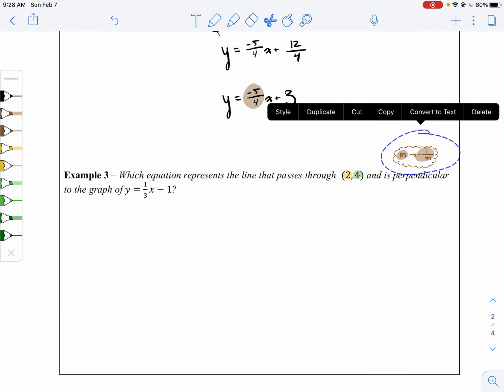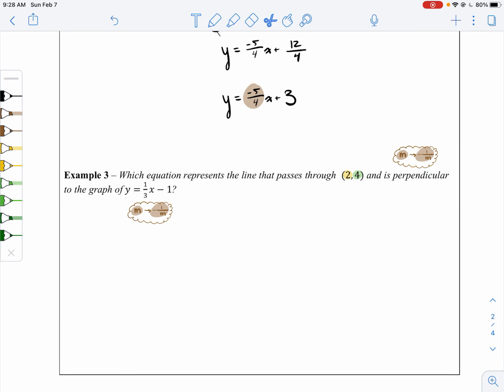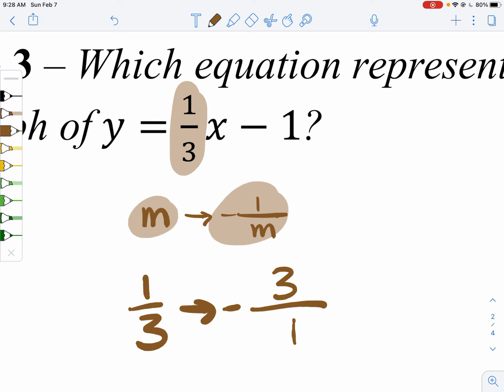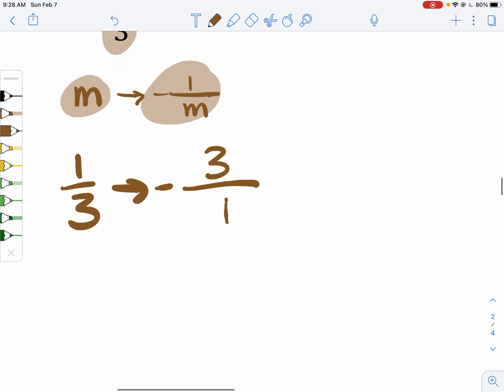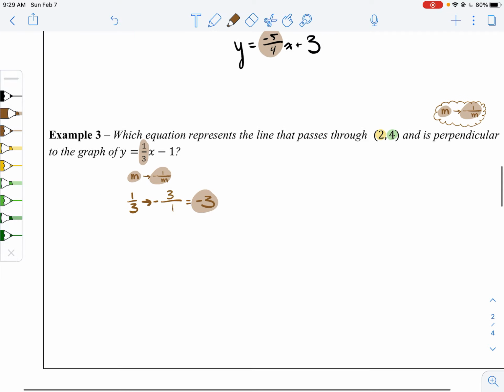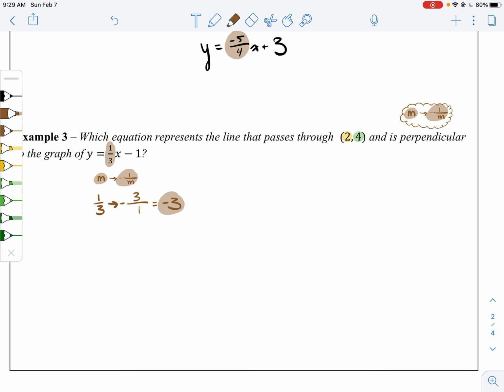Let's start out with 1/3. That's our original slope, and now we need to flip out and be negative. -3/1 is the same thing as -3, so that's the slope we want. We want a slope of -3 that passes through 2, 4.